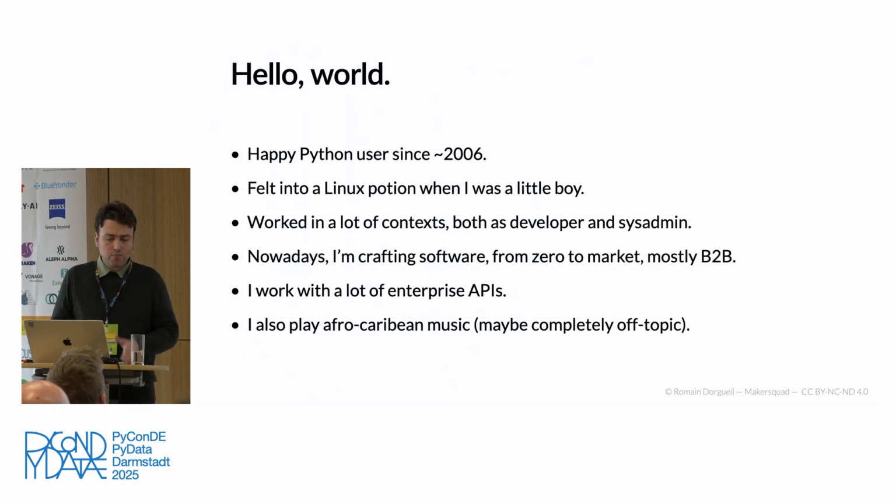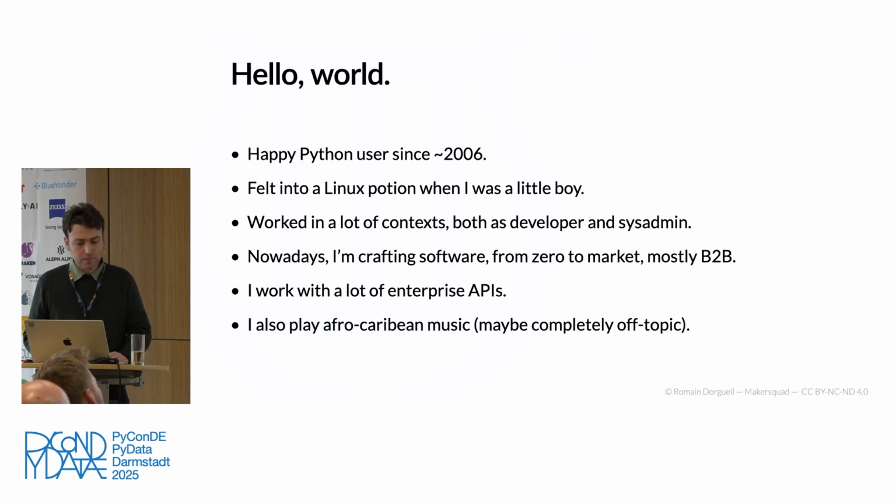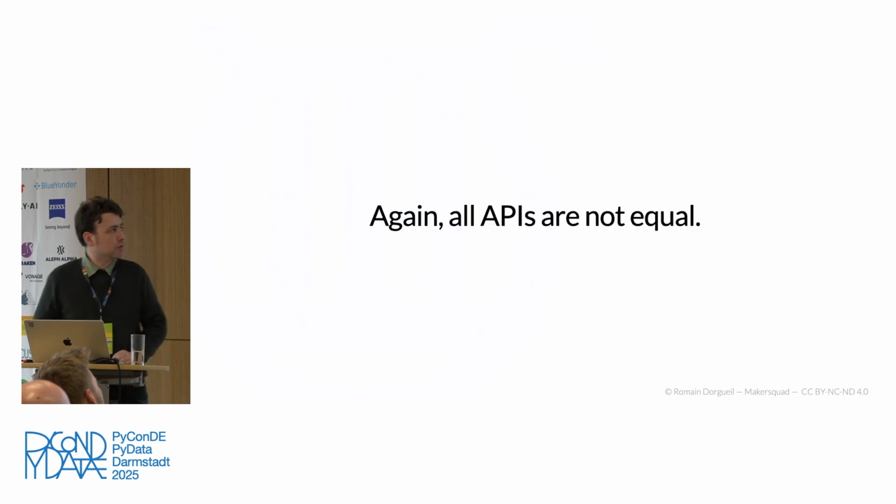And as we are mostly working in the business-to-business, B2B, market, we work with a lot of enterprise APIs, for example ERPs, enterprise resource management systems. And again, all those APIs are not equal.